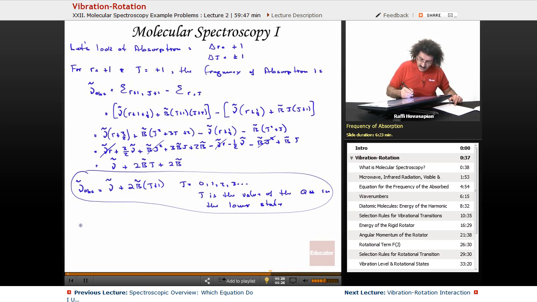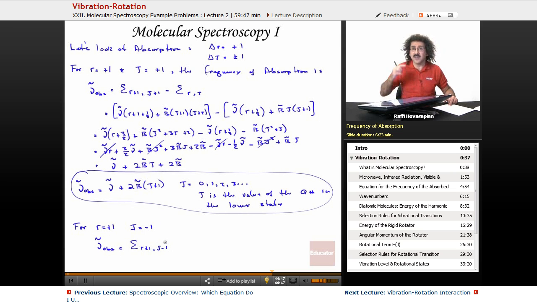Now, for the other case, for R equals plus 1, but this time J equals minus 1, the observed frequency that I expect is going to be the energy of the R plus 1 state, J minus 1, that's the upper state, minus E R J. I go through the same algebra, and what I end up with is nu observed is going to equal nu minus 2bj.